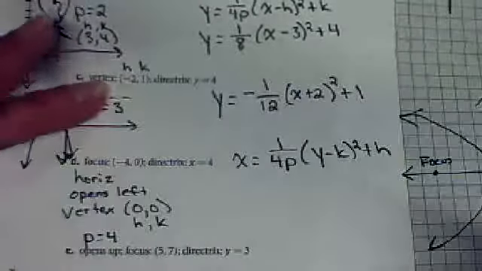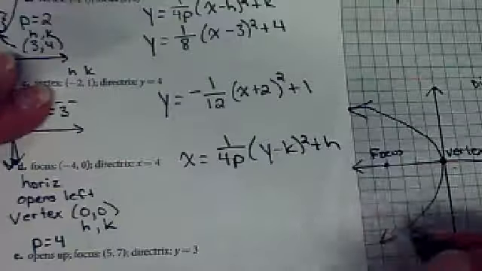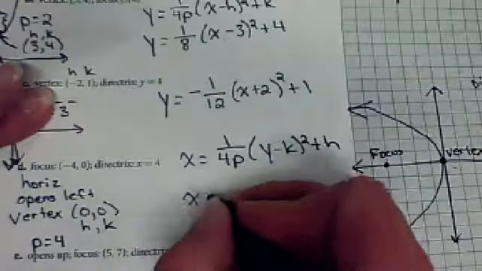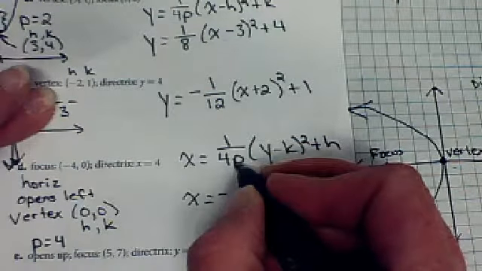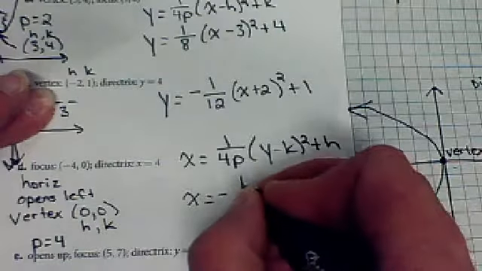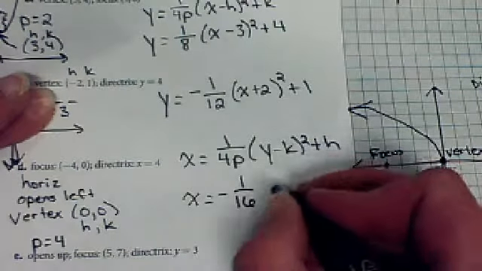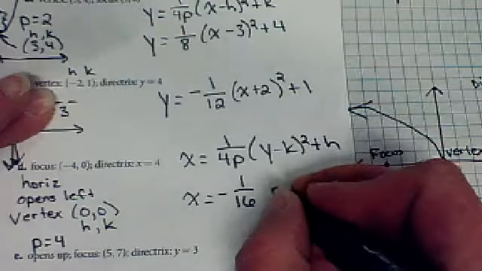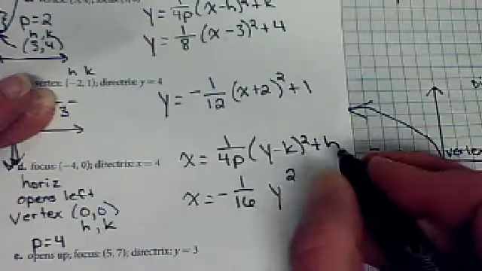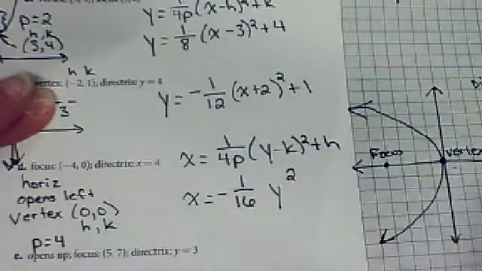All we do is plug in what we know. Now we do know it's opening left, so it's going to be negative 1 over 4 times p. Well, p is 4, so that's 1 over 16. y minus k. k was 0, so that's just a y. Plus h. Well, h was 0 as well.